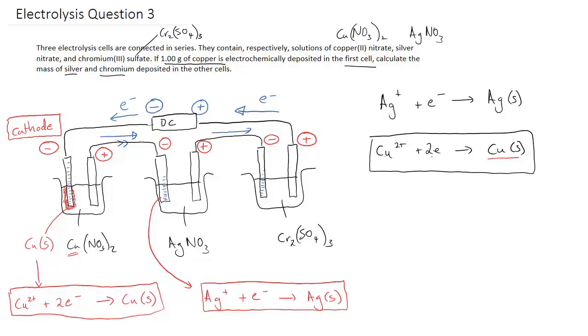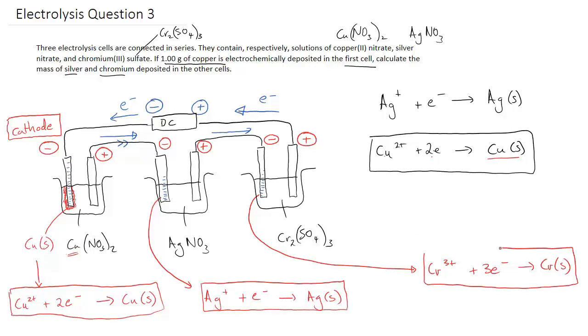So finally, at that location there, we'll have the chromium ions grabbing 3 electrons from that electrode and forming chromium solid. And so those are the half equations of the metals.